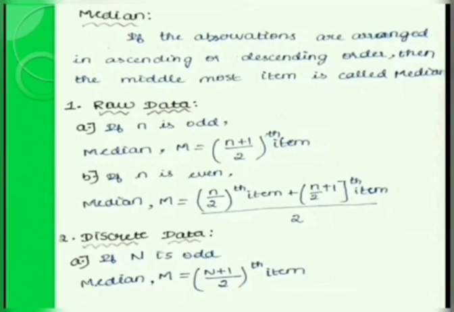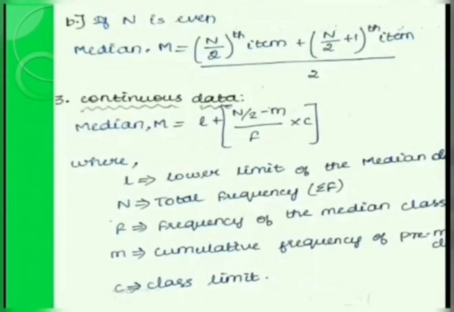In discrete data, here also we have two cases. If capital N, which is summation f, the total frequency, is odd, then our median M is equal to the (N plus 1) by 2th item. If N is even, then M is equal to the N by 2th item plus the (N by 2 plus 1)th item, divided by 2.